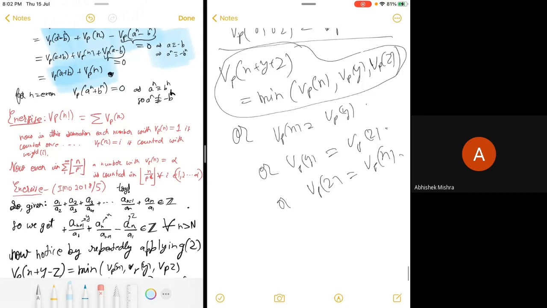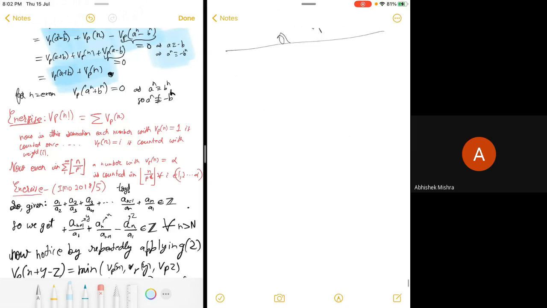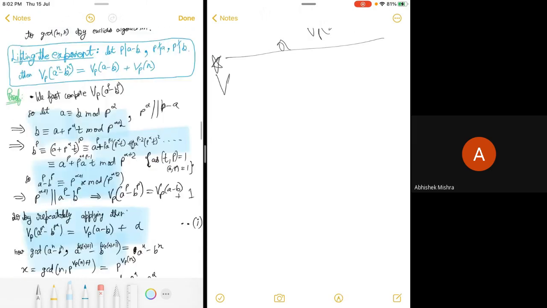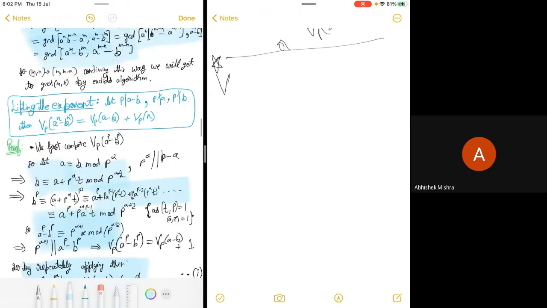In fact, we can also say something more. You can also remember this. This is basically the generalized version of this thing.